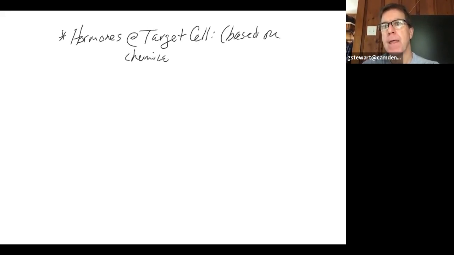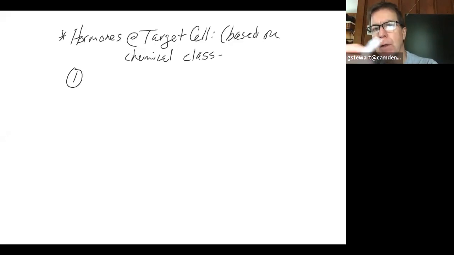Let me just correct that, make that look a little better. This means based on whether or not they're amino acid in chemical structure or lipid-based, steroid-based from cholesterol. So I'm just going to label this number 1 and 2 just like we did yesterday with chemical class.